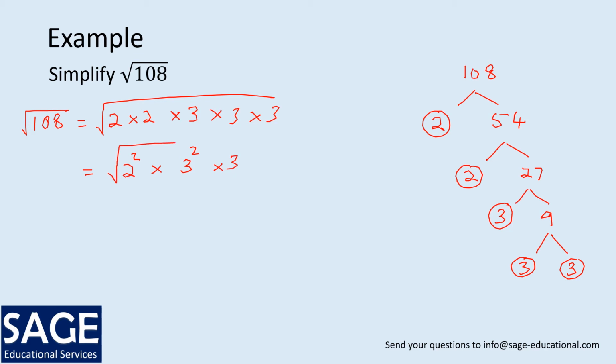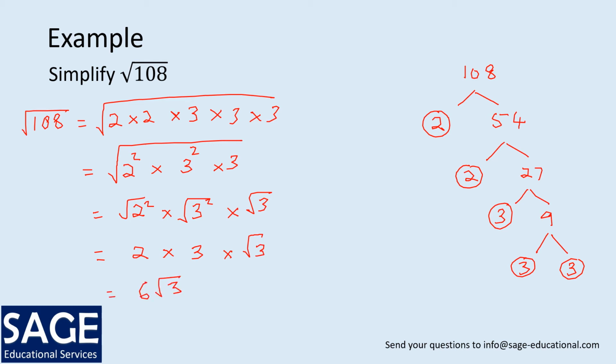So this is square root of 2 squared times square root of 3 squared times square root of 3. And square root of 2 squared is 2. Square root of 3 squared is 3, times the square root of 3. And 2 times 3 equals 6. So the square root of 108 simplifies to 6 times square root of 3.